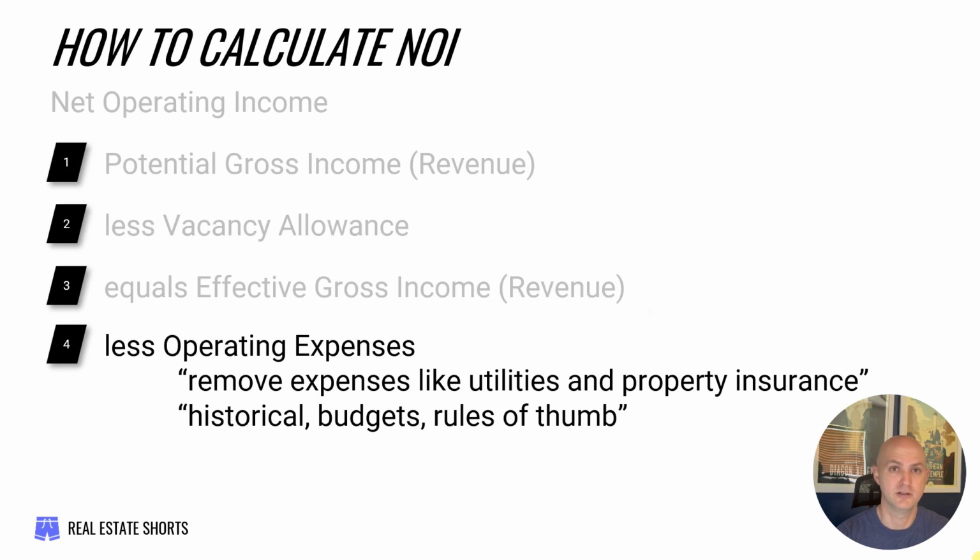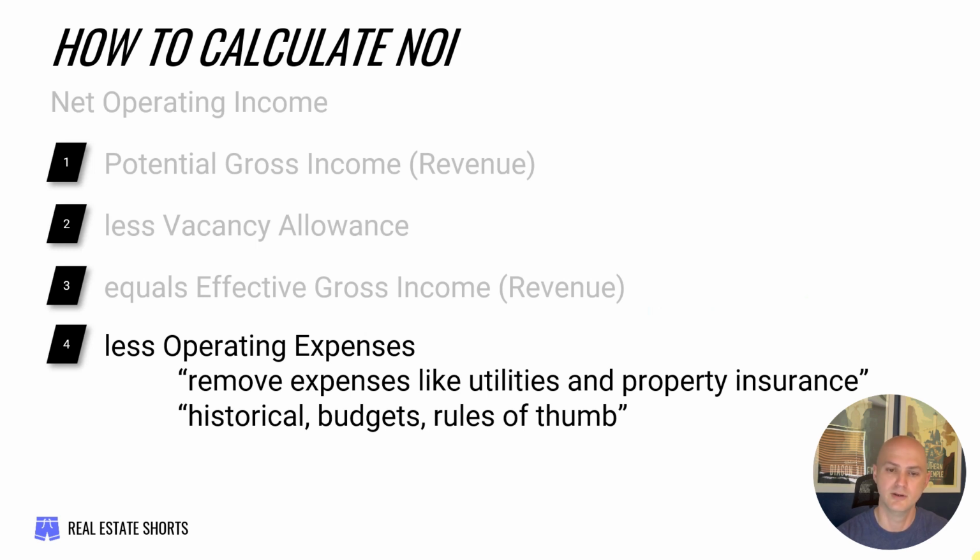Next, we'll make another adjustment, another deduction for operating expenses. So you as the owner have to pay items like property taxes, insurance, utilities, a property manager. You can get these estimates from either historical figures or estimates looking forward or ahead from property managers, appraisers, and other folks.